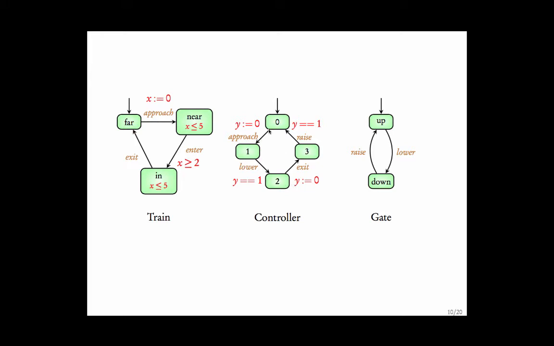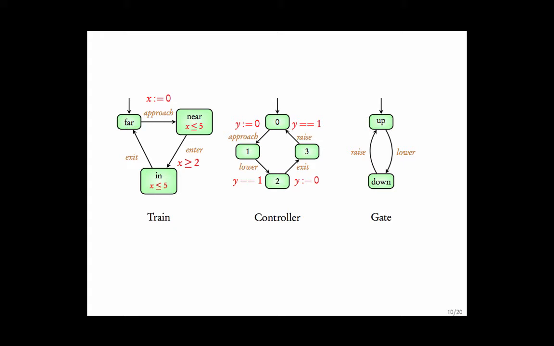So in this transition, y is set to 0, and in this transition, y is asked if its value is 1. Now after this, we are not worried about the time at which the train approached. So we can reuse the same clock. We can say that when this transition is taken, the value of y is reset, and then this transition can be taken only when the value of y equals 1.